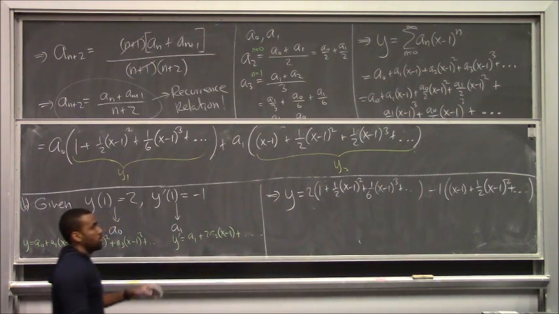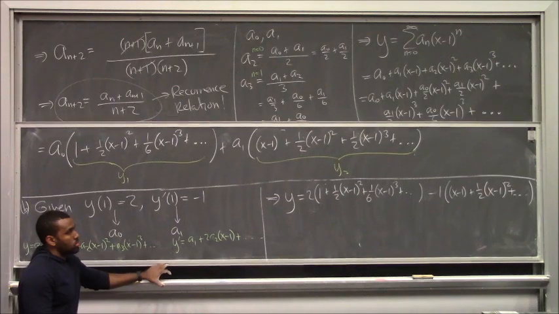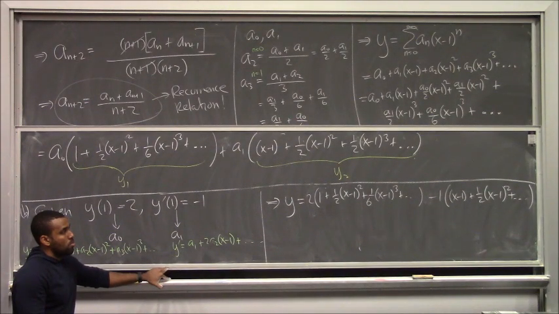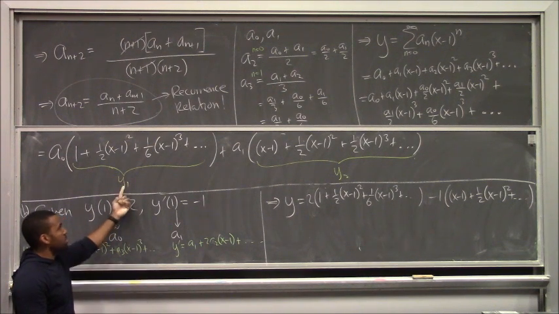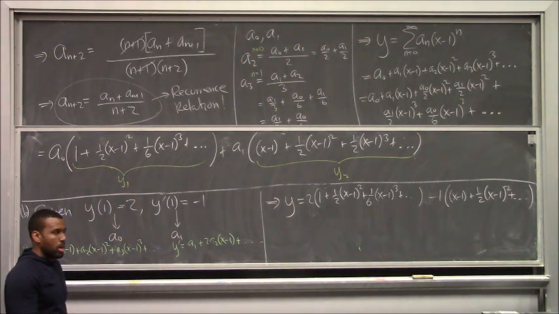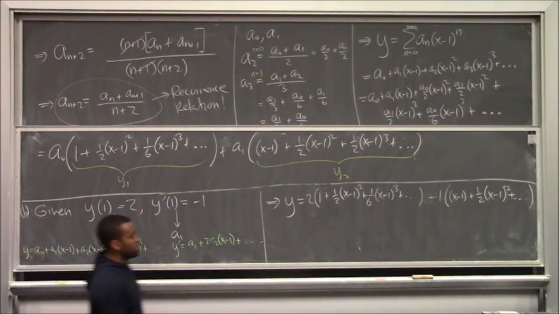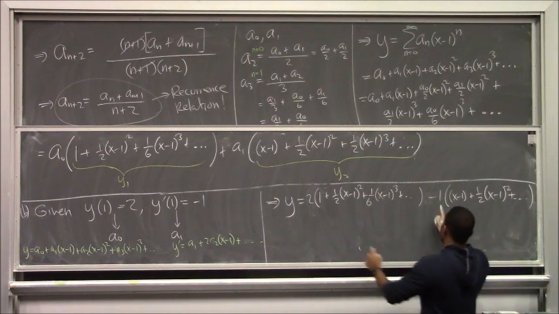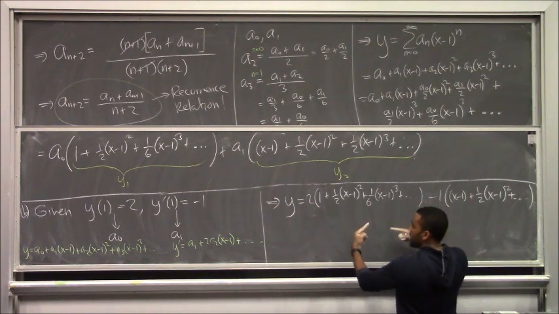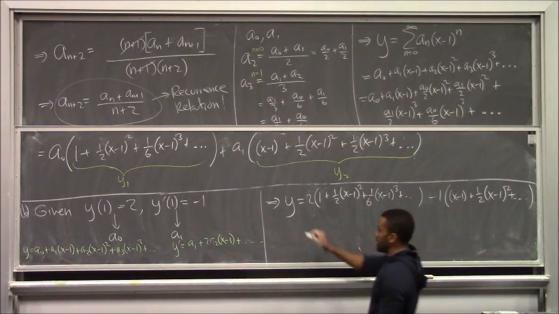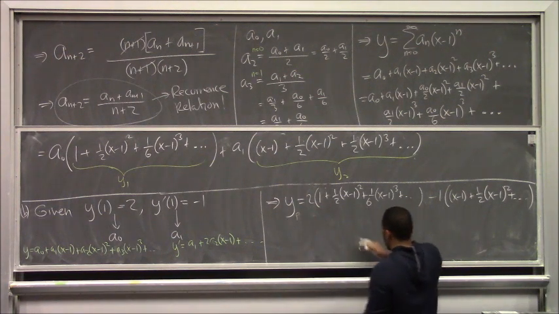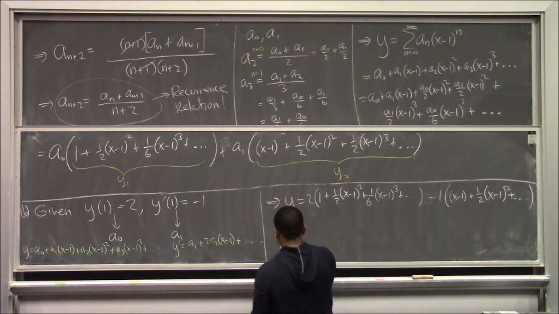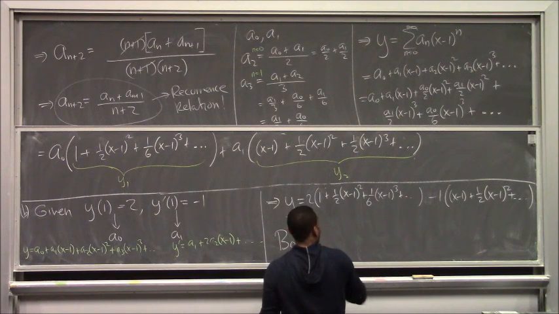Can we just distribute the 2 and distribute the 1 and then subtract? You could, but because of the way the question was phrased, I'm keeping them separate, because the question specifically mentioned y1 and y2. So this is my first solution, this is my second solution, and these coefficients just make me get the particular solution. So this is like your y bonus round.